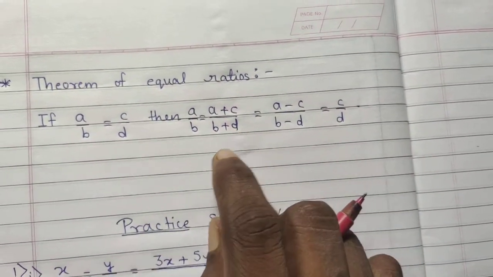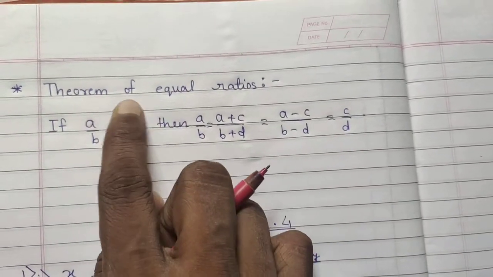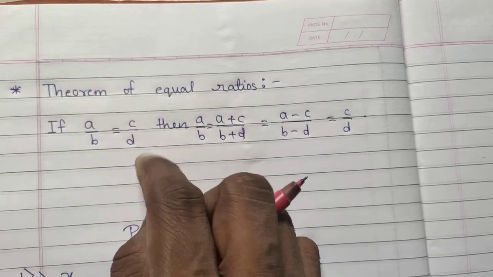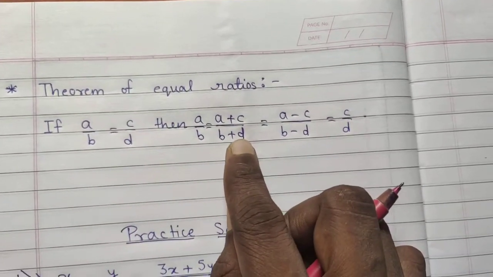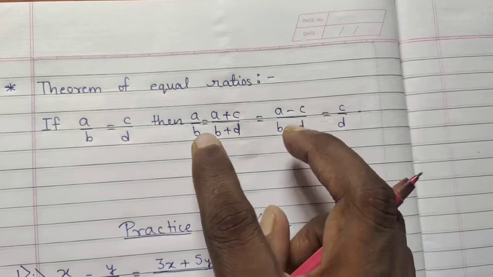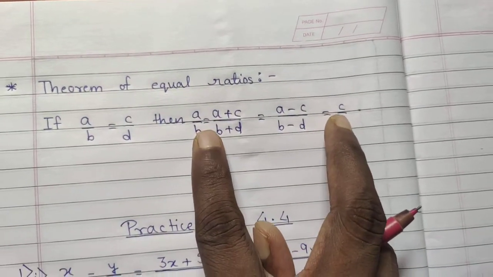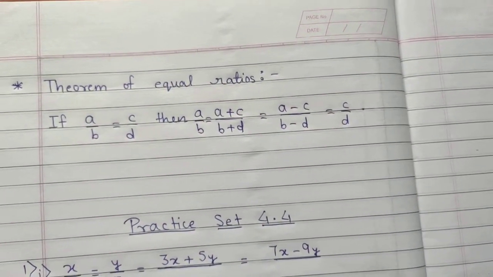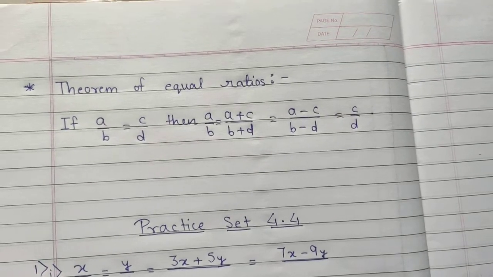Basically, what does it mean? You can add the ratios or you can subtract the ratios, and the result will be the same as your previous ratio. This is known as the theorem of equal ratios.